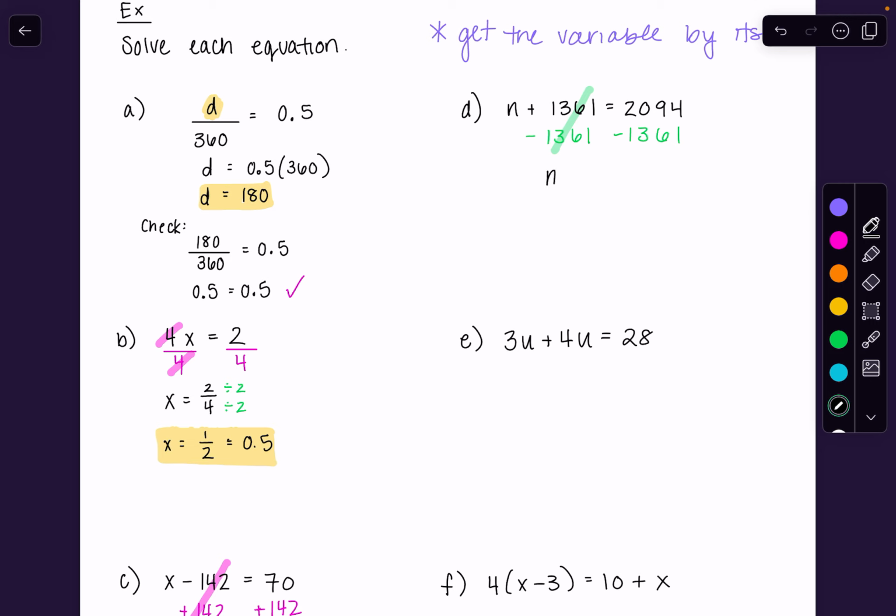So all that leaves us with now is n on the left. And if you do 2,094 minus 1361, you should end up with 733. And so this is the solution to this equation. Okay.